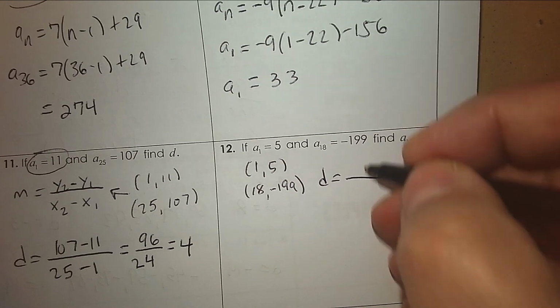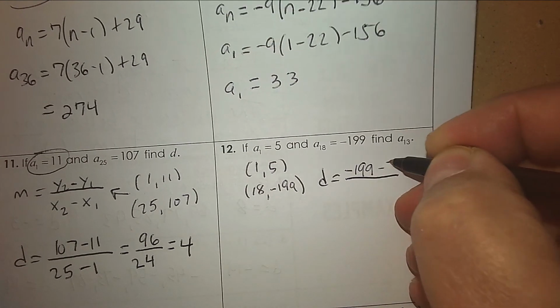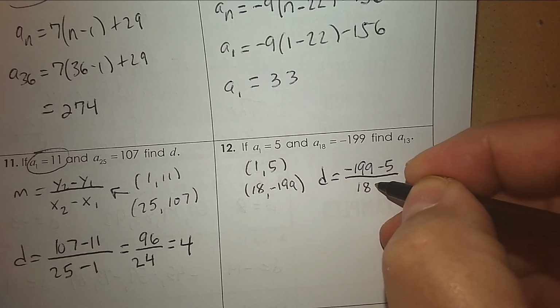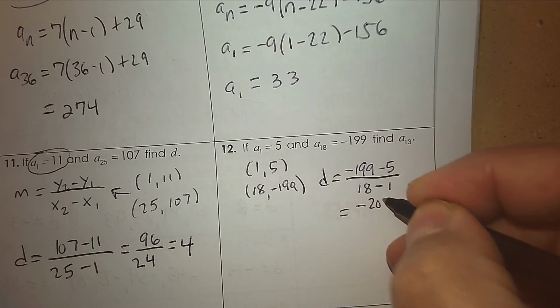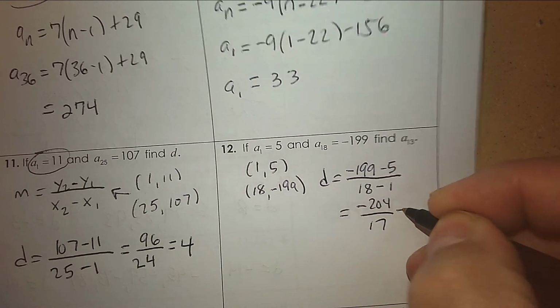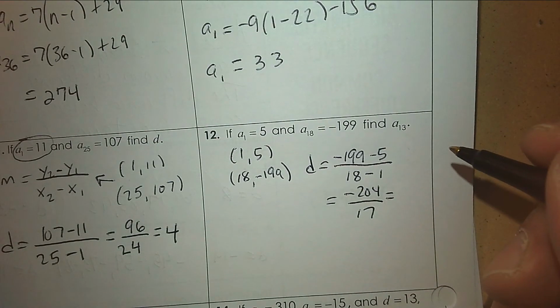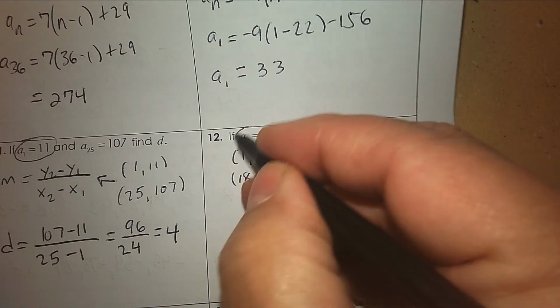So in this case, negative 199 subtract 5, and then the denominator is 18 subtract 1. So negative 204 over 17. Does it go in nicely? So negative 12. Now, I'm going to use the easier point.